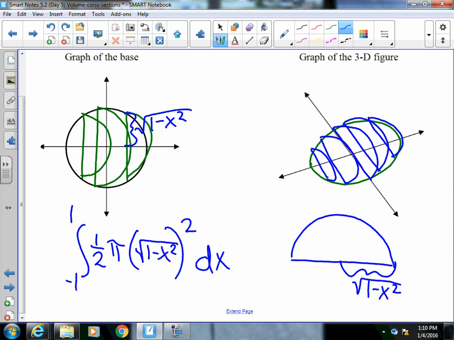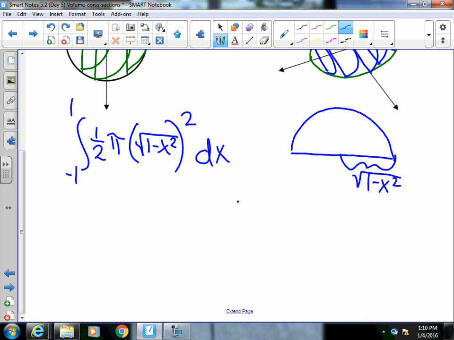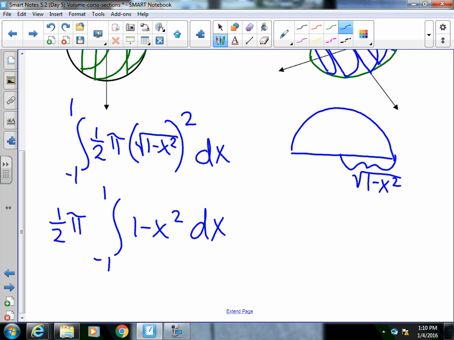Now, to go on from here, you're allowed to pull constants out front. I'm going to put the 1/2 pi out front. This is just going to become 1 minus x squared when we square the radical. And we end up with an integral of 1 minus x squared.